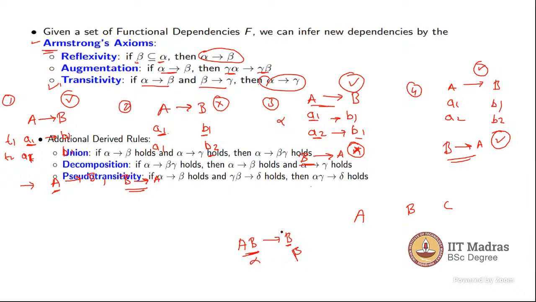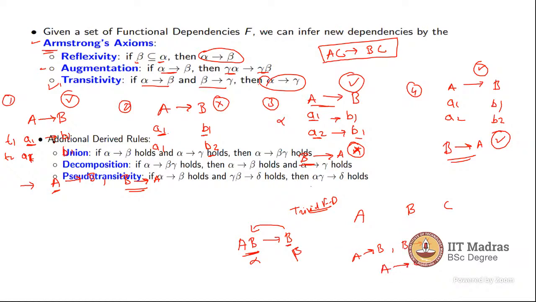Since B is a subset of alpha, we call it a trivial functional dependency. Now for augmentation, say A determines B. Now we can say that AC also determines BC. Similarly for transitivity, we already discussed that if A determines B and B determines C, then we can say that A determines C.